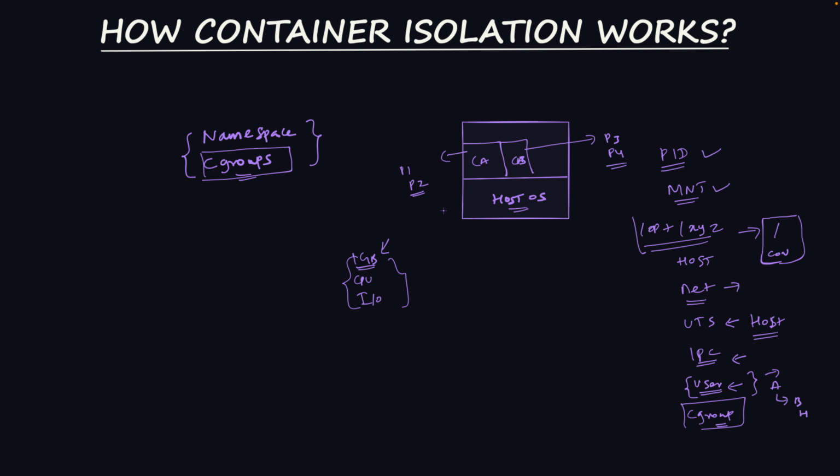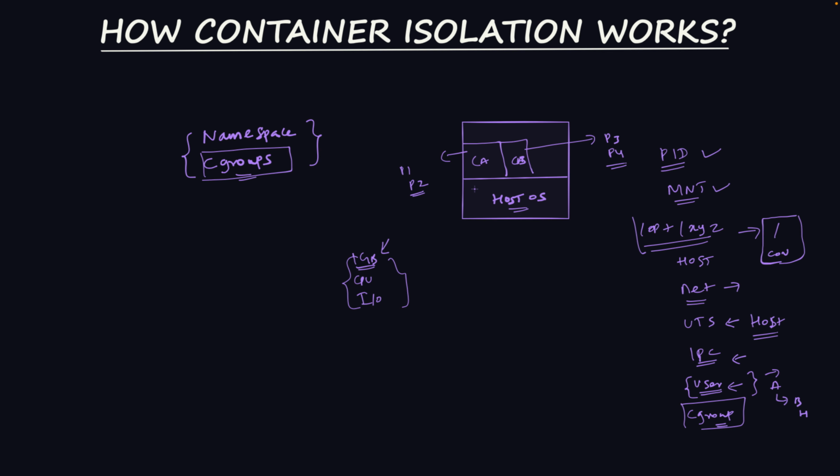It is not that they each get 1 GB. This is a limitation defined at the cgroup level, and any process assigned to that particular cgroup will share that limitation. Okay, so that is something to remember. So basically, cgroup defines the allowance of hardware for a particular process within a container.